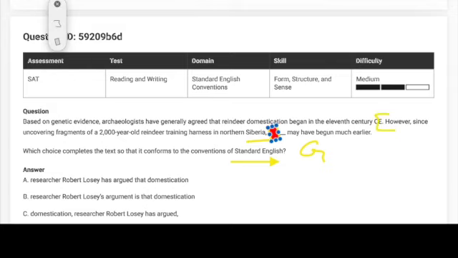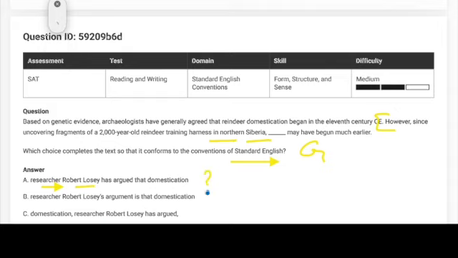So: since uncovering fragments of a 2,000-year-old reindeer training harness in northern Siberia. So, who or what was uncovering fragments of a 2,000-year-old reindeer training harness in northern Siberia? Was a researcher named Robert Lozzi uncovering fragments of the 2,000-year-old reindeer training harness? Maybe he was, so I'll keep option A as a maybe.